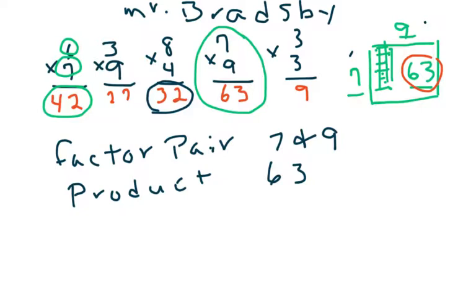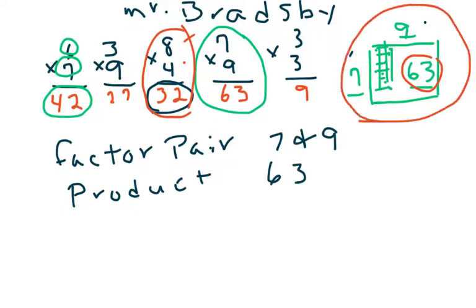Well, there are different ones, but the factor pair we have here is 8 and 4. Those are one of the factor pairs of 32. You could also have 16 times 2 is 32. So there are other factor pairs, but in this problem here, the factor pair is 4 and 8. In our model over here, the factor pair is 7 and 9, and my product is 63.